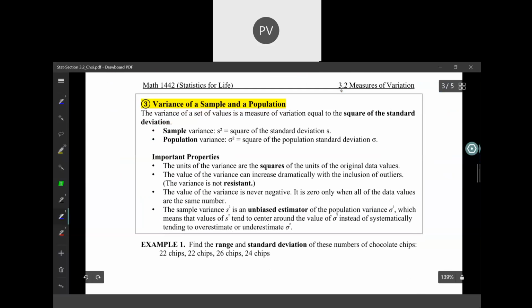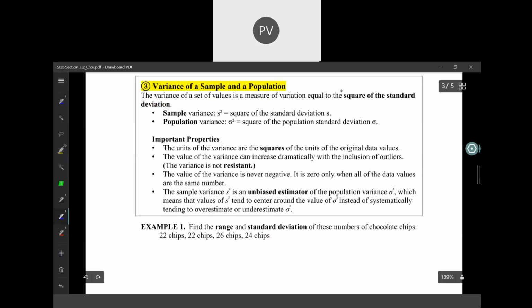Now what is variance? Variance and standard deviation are both similar. Standard deviation gives you the variation of the whole data set, whereas variance tells you how much it is varying. The amount of variation or deviation is given by the variance. It is denoted by S square or sigma square.